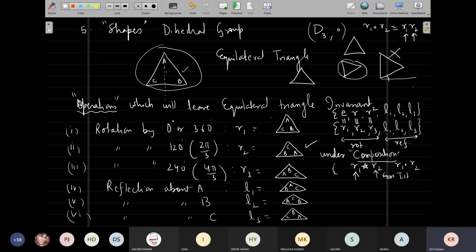R2, which I said was the rotation by 120 degrees, is the rotation R, and R3, which is 240 degrees, is nothing but two operations. Now R square will be what? R square will be R dot R, which means I first apply 120 degrees on my triangle ABC, which was the original one, and then I again apply 120 degrees. And you will find that we reach this figure BCA.